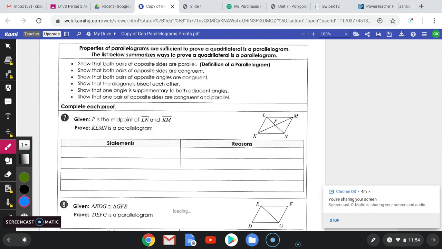Like here, what we've done throughout the first couple was we can show that both pairs of opposite sides are parallel, which we did with the alternate interior angles converse. We can show that both pairs of opposite sides are congruent.